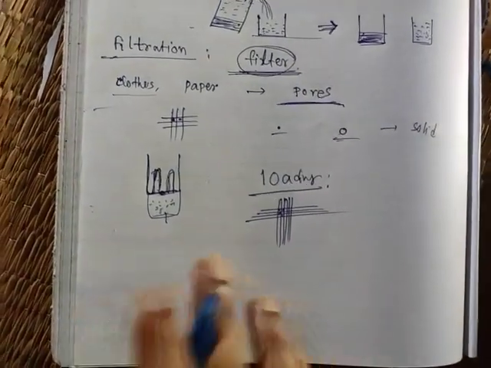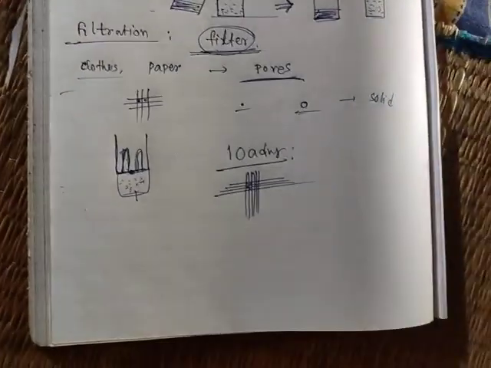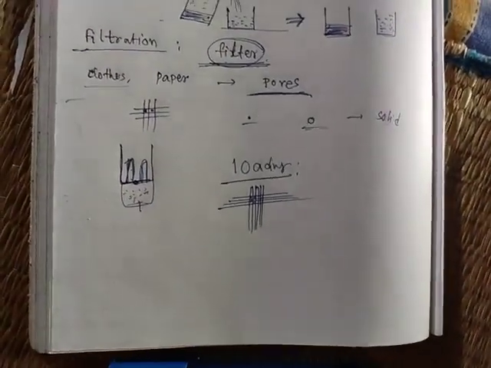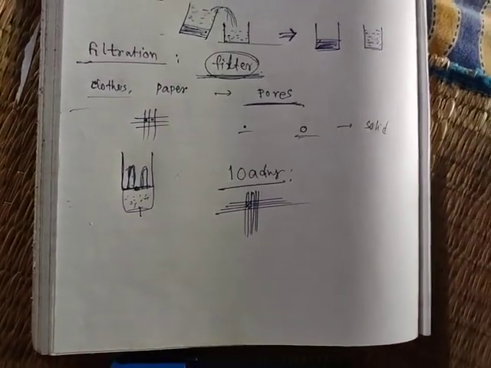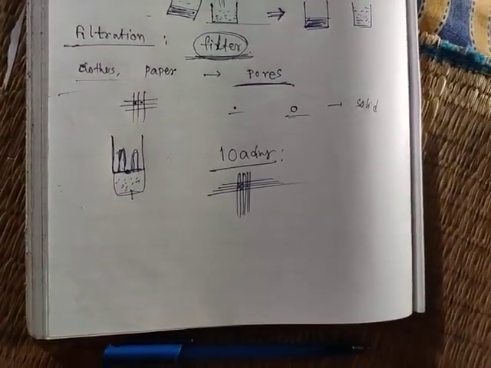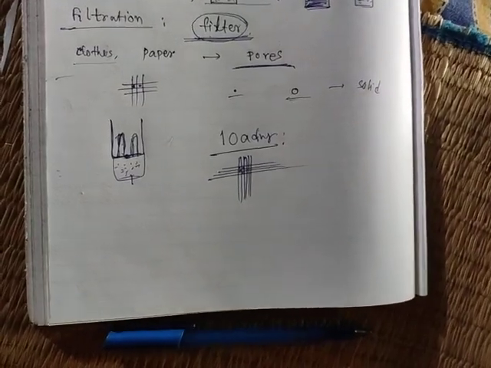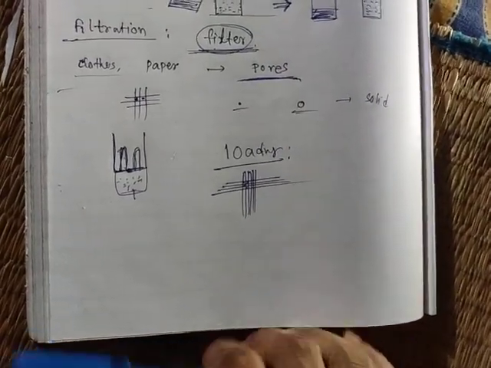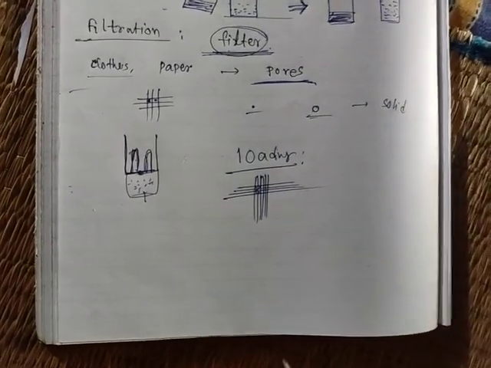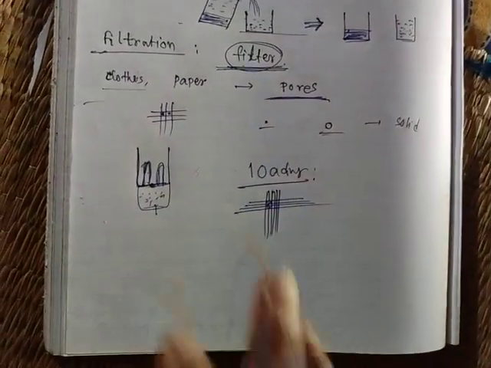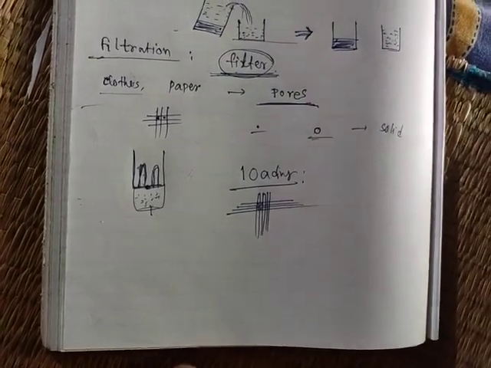So for this we cannot use filtration. Understand? That means if the size of the solid is very small, it may take a very long time to separate because the particles of the solid block the pores and the liquid cannot pass through easily.